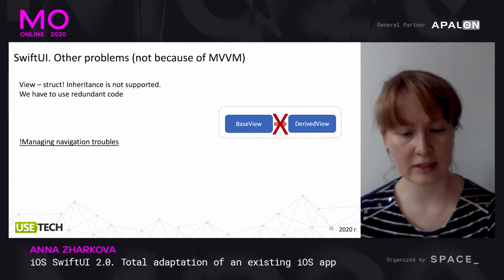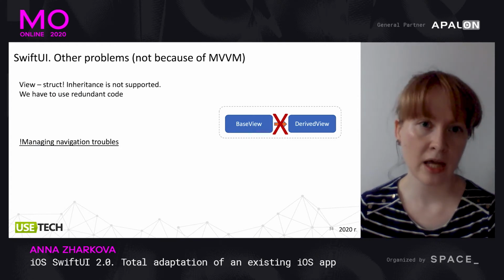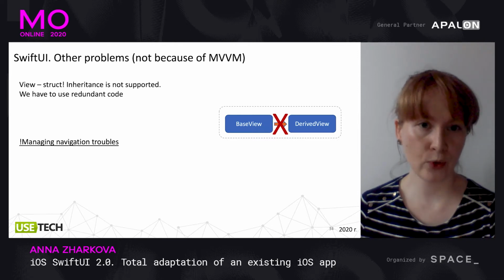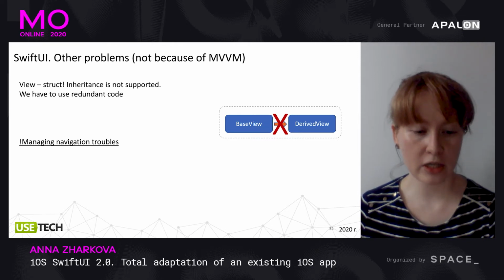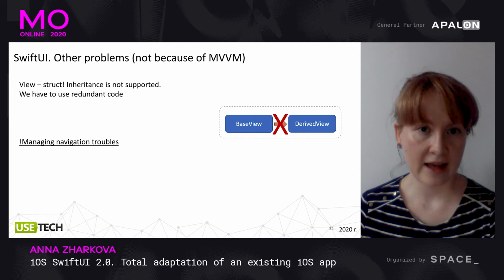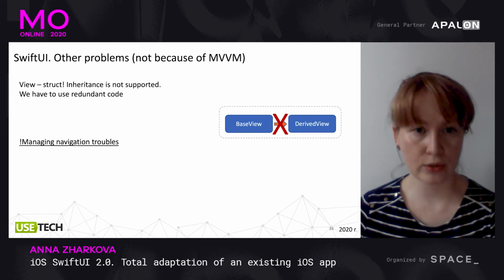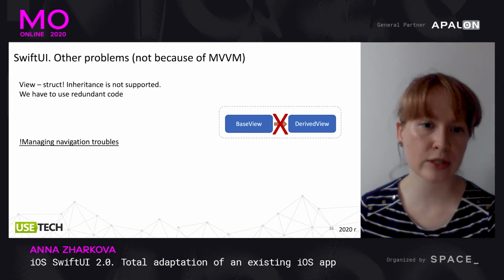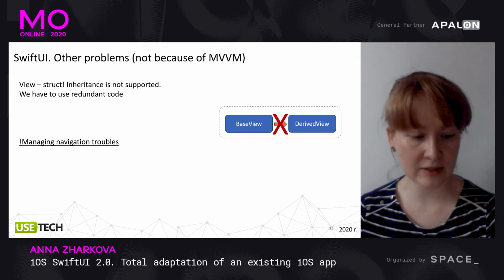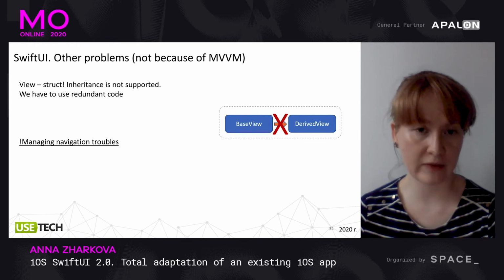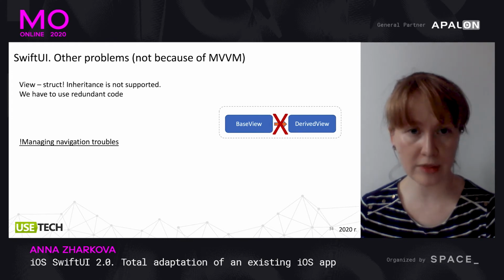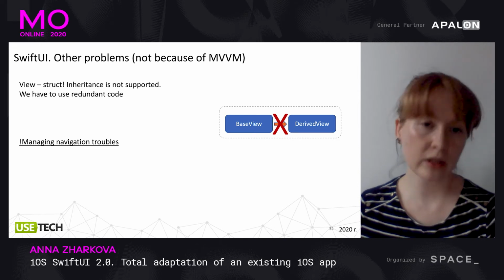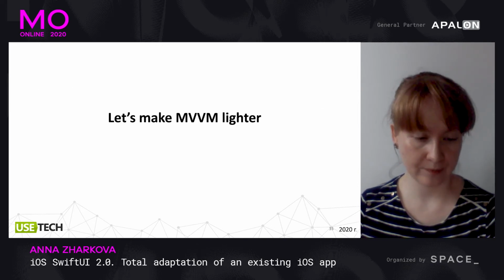It is not connected with MVVM, but it is a common problem for SwiftUI. View is a structure, so there is no inheritance at all, and we have to use redundant code. For example, we have some logic for showing errors, for showing loadings, and so on. And also we have some navigation management troubles with navigation links. We will optimize this code later.